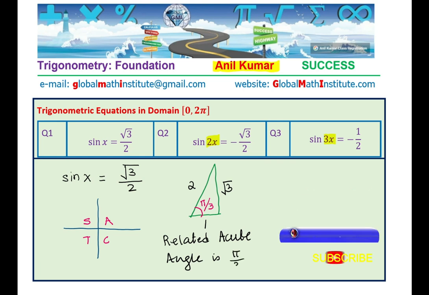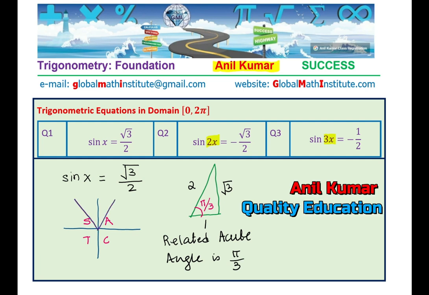Whether we are looking into negative or positive, we should always find the related acute angle first and then the solutions. So in this case, there are two solutions where the related acute angle is pi by 3. This is pi by 3 and that is also pi by 3. Related acute angle is the angle with the horizontal.